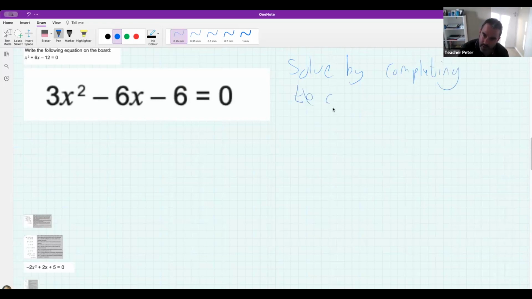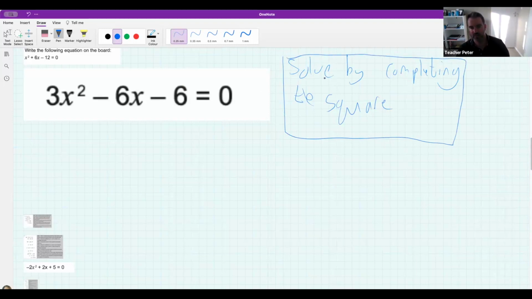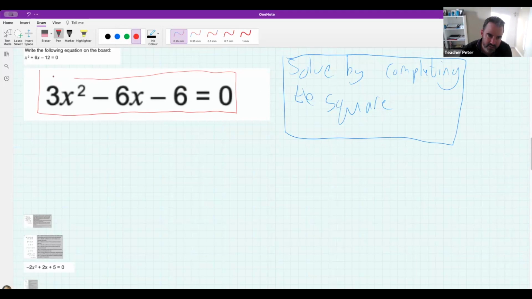Now, there's one limitation we really have to be careful of with completing the square, where something has to be in place before we can get it to work. What is wrong with this question at the moment that makes it very difficult for us to complete the square on this equation and solve for x?